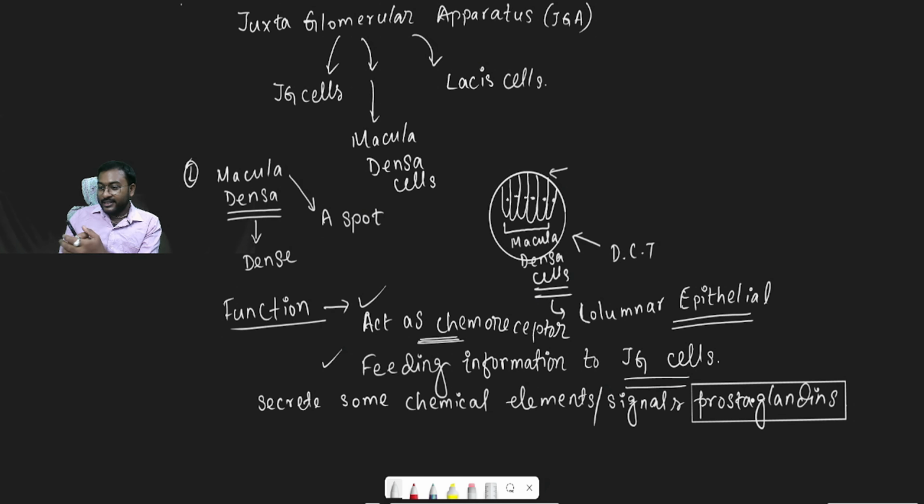After that, the JG cell secretes renin, which I have already mentioned in my earlier video about JGA, where I have already mentioned the function of the JG cell.